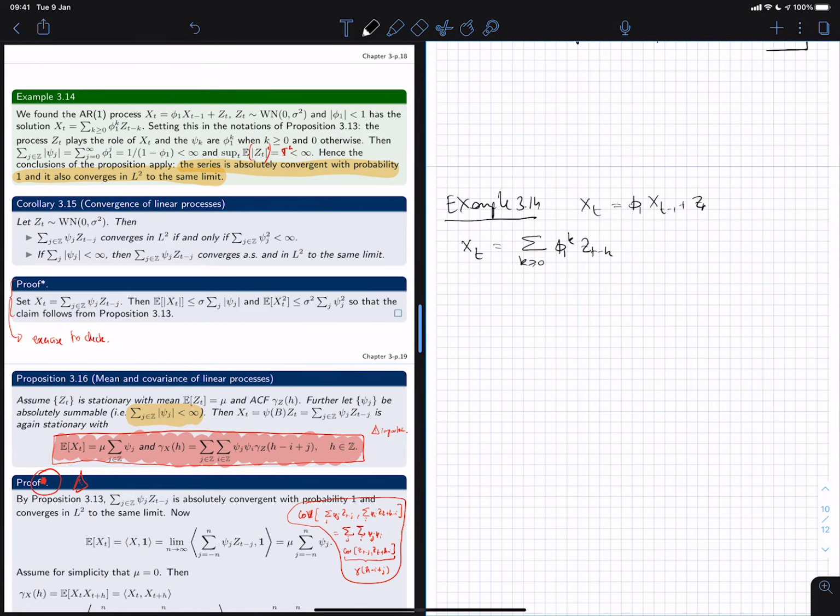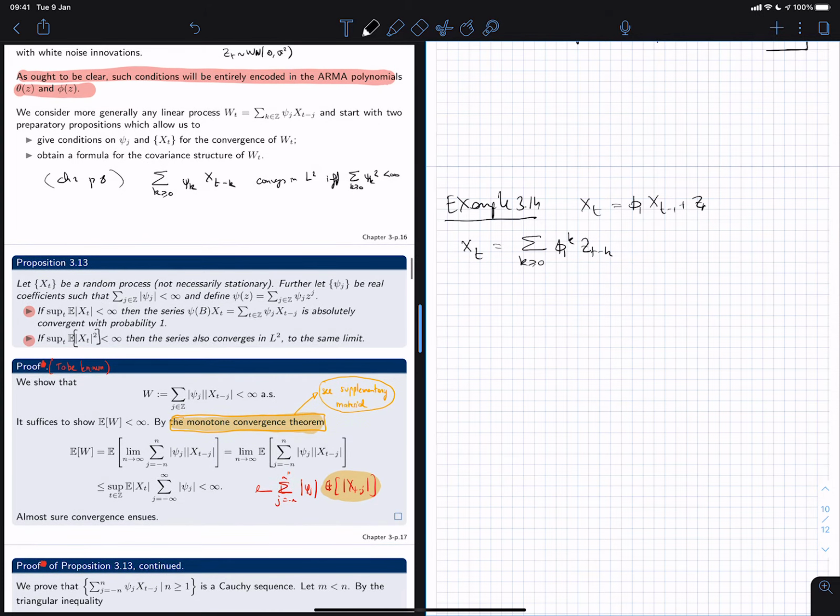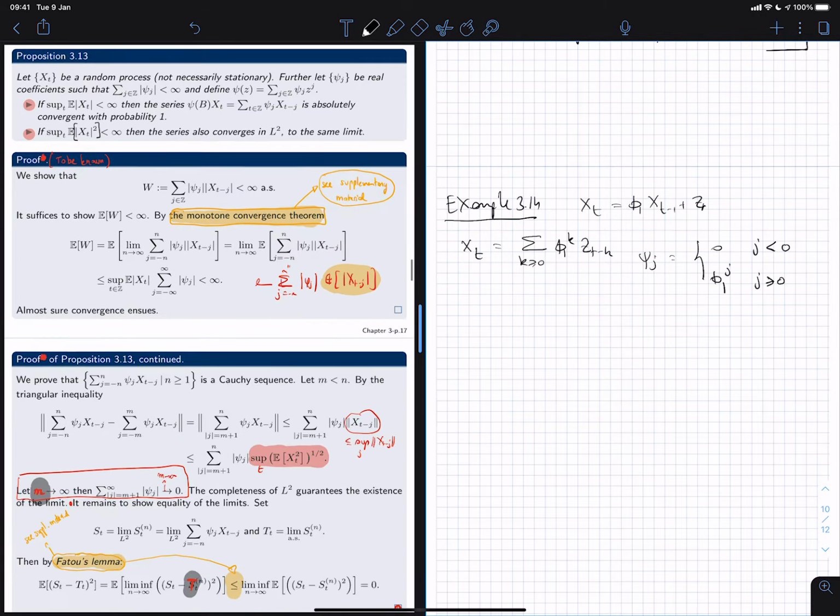If I go back to the notations here, the psi j's are 0 for j less than 0, and phi 1 to the power j for j larger or equal to 0. So that's the psi j's.